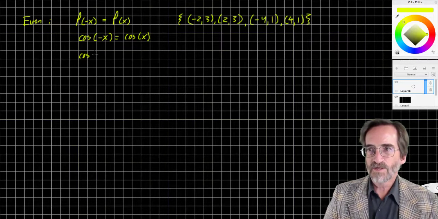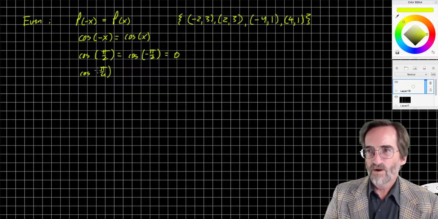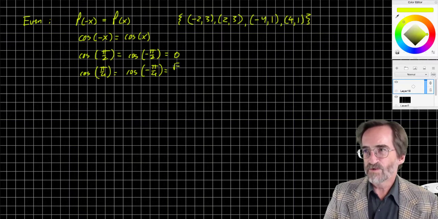So the cosine of pi over 2 is equal to the cosine of negative pi over 2. Both of them give you an answer of 0. Cosine of pi over 4 equals cosine of negative pi over 4 equals root 2 over 2.